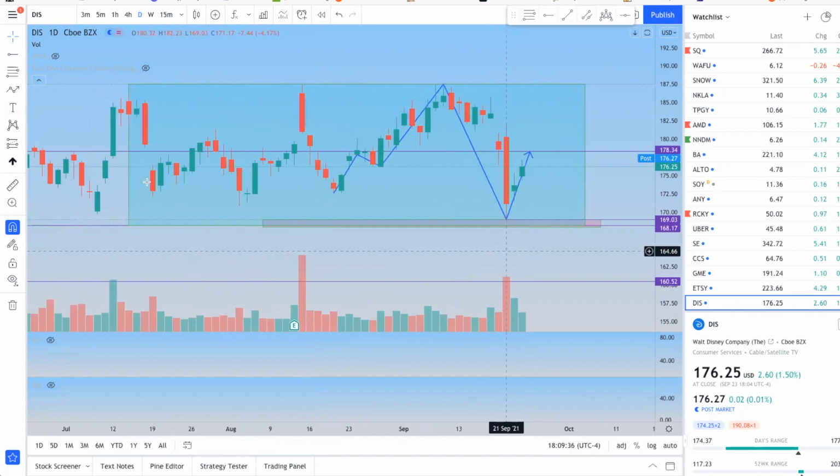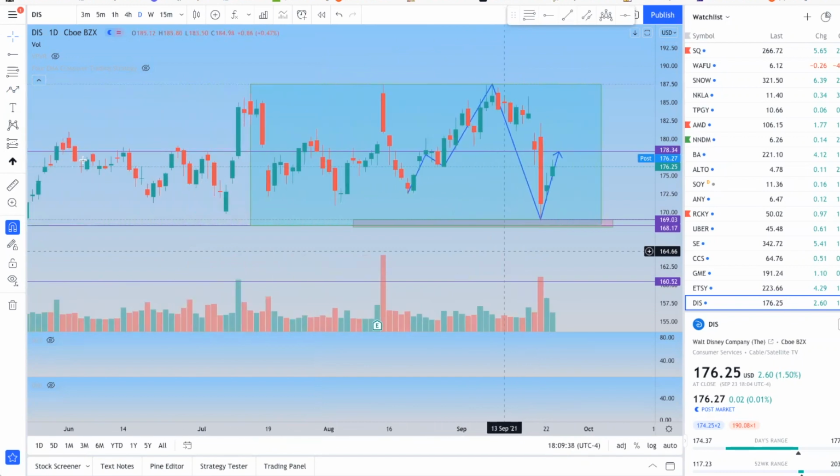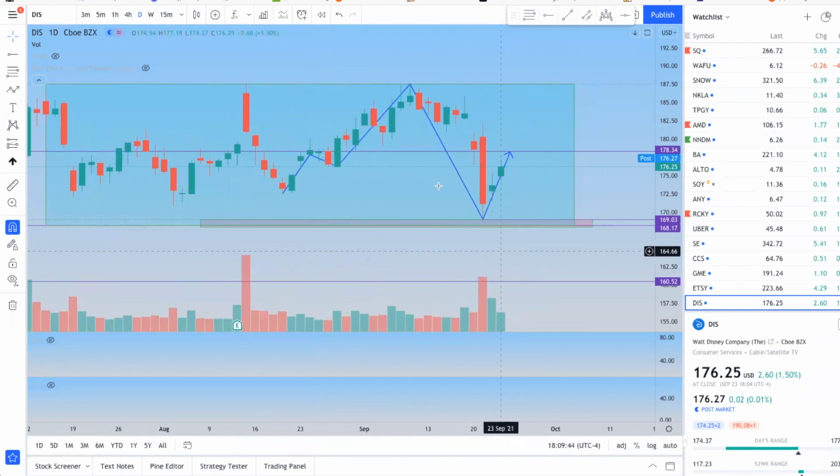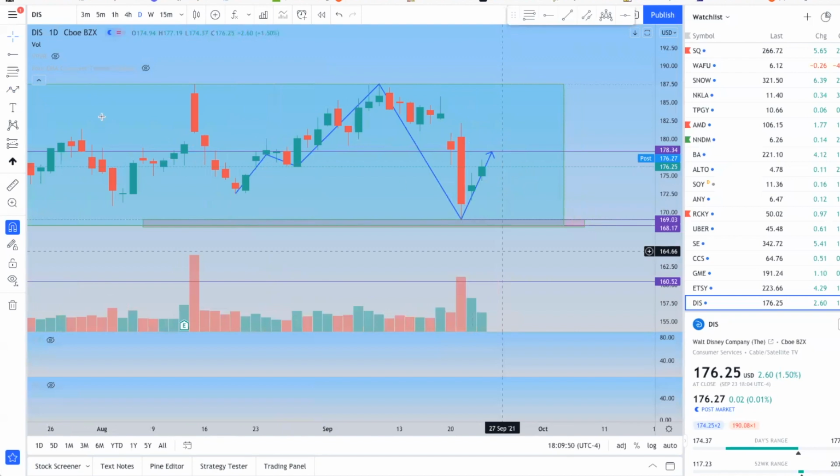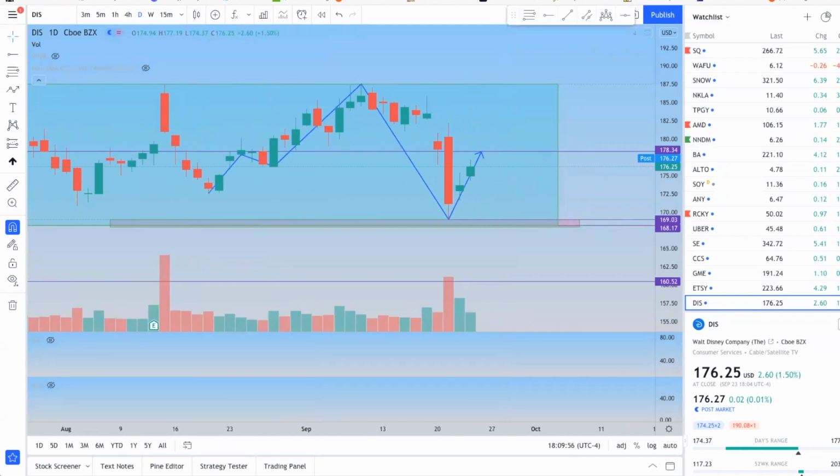It was rejected quite a few times. 1, 2, 3, 4, 5, but then it broke here. Very hard to tell. So you're just going to look at the next resistance level or pivot points.